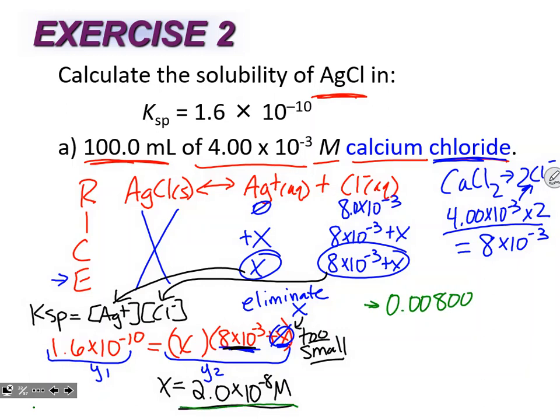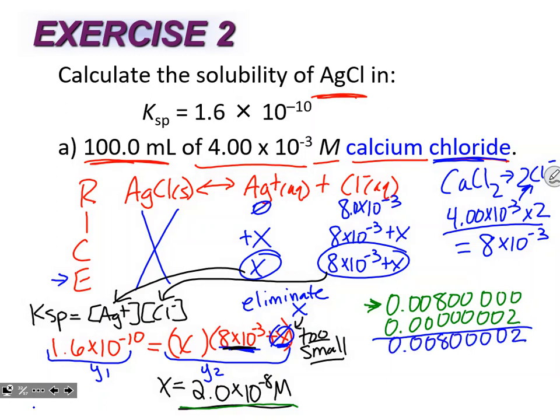You graph it, you would have gotten this number, which is really small, right? So the 2 would be here. This part definitely wouldn't be factored in terms of sig figs.